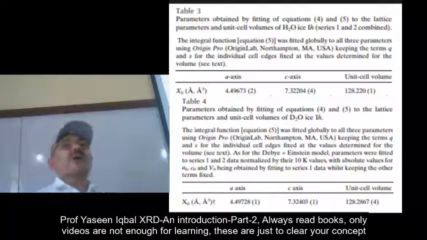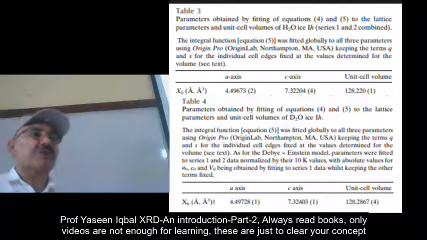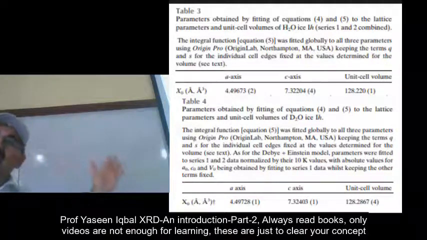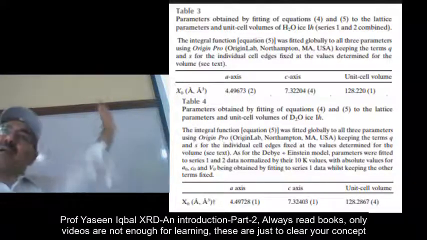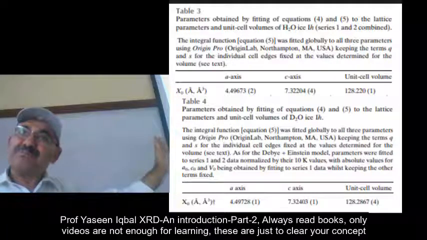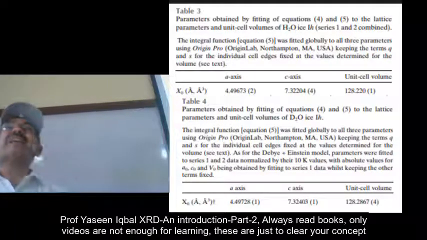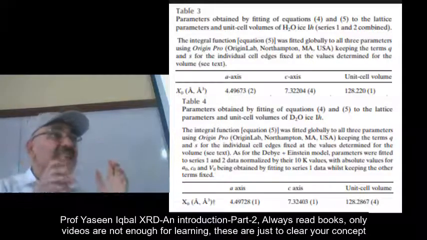100 and 100 of H2O and 100 of D2O. The A plane 100 both will be almost the same, right? Similarly, the C, they will also be almost the same.